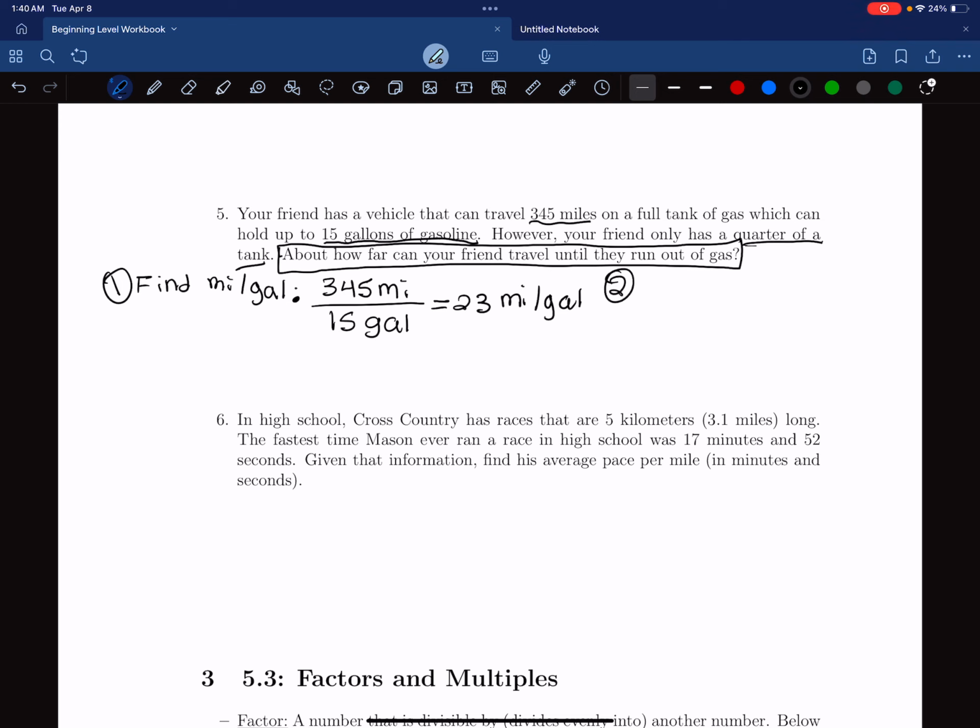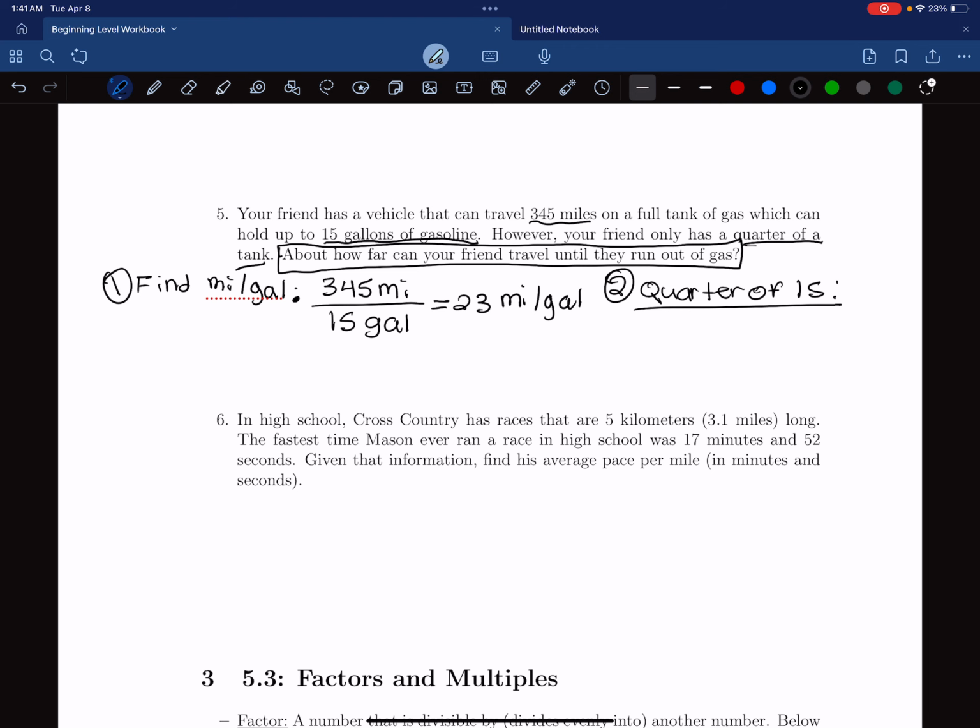Now, for our second step, I want to figure out how many gallons is a quarter of a tank. So to do that, we're going to find what a quarter of 15 is.